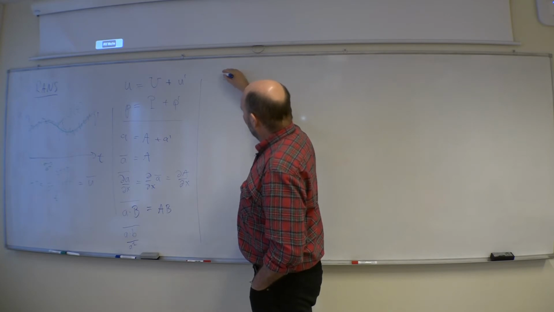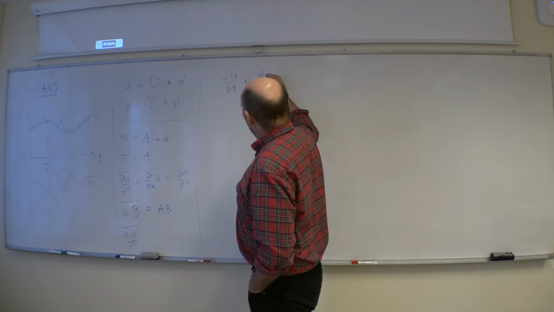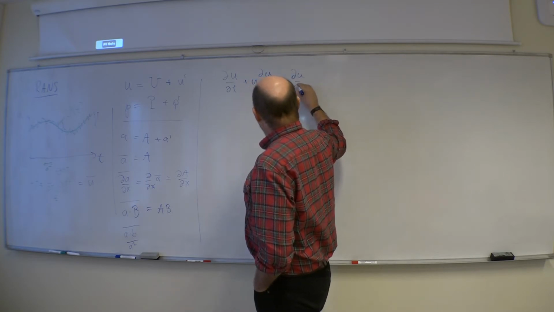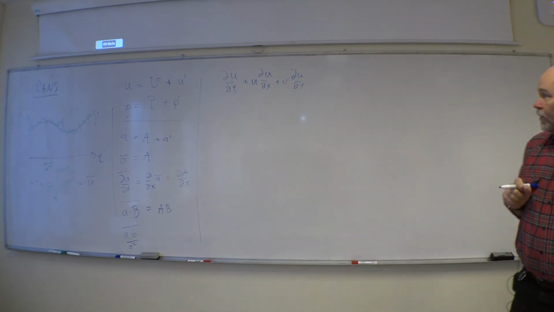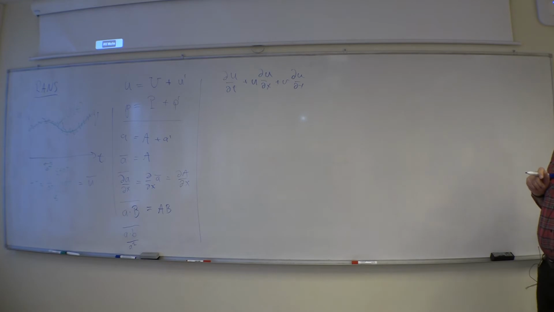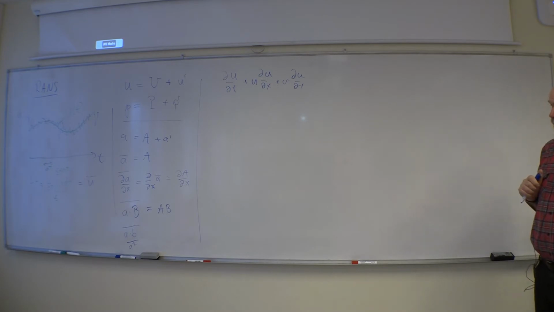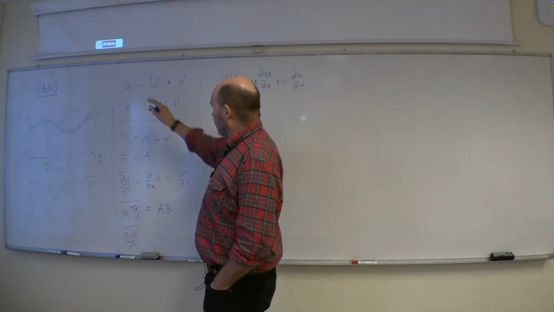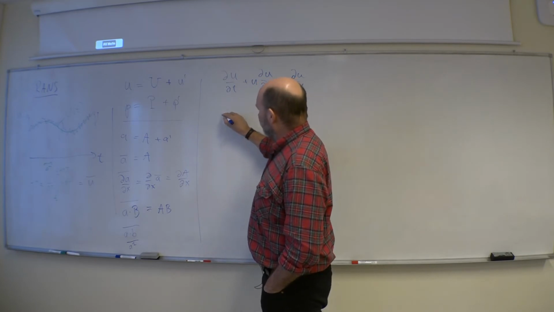Say we have the beginning of the Navier-Stokes: du/dt, u du/dx, v du/dy. So there you have the first three terms in the x component of the Navier-Stokes. Now insert the split and then take the time average. What do you get?